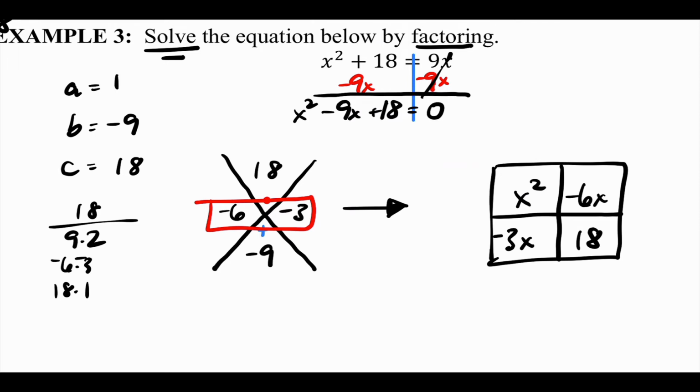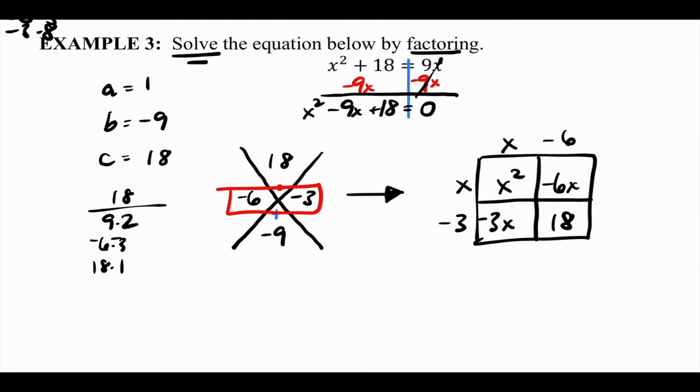Now, what times what makes the inside? I always start with x squared because to make x squared, it's just going to be x times x. Then over here is a negative 6. Over here is a negative 3. Negative 6 times negative 3 make 18. Okay. So I have x minus 6 and x minus 3.